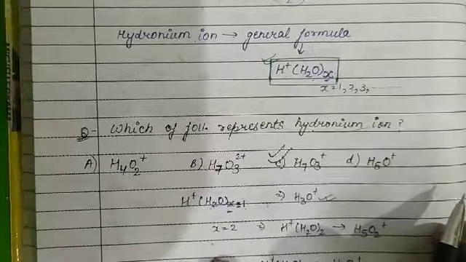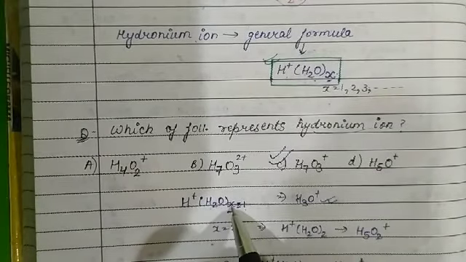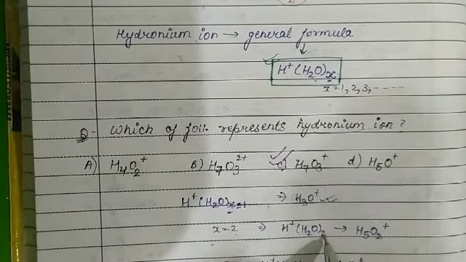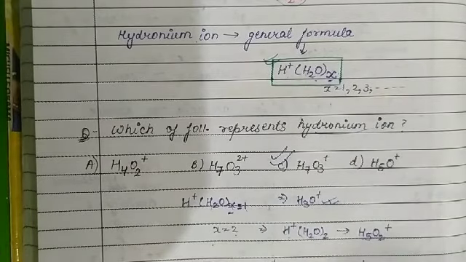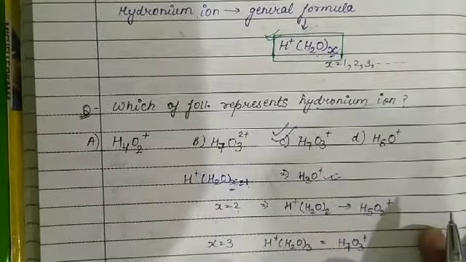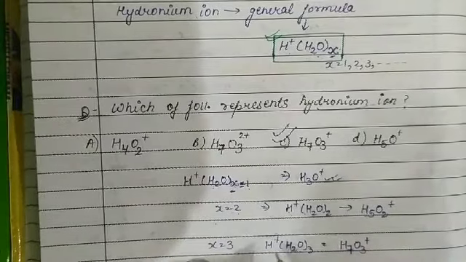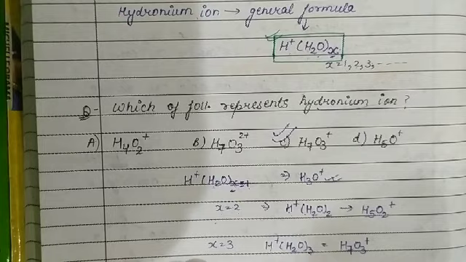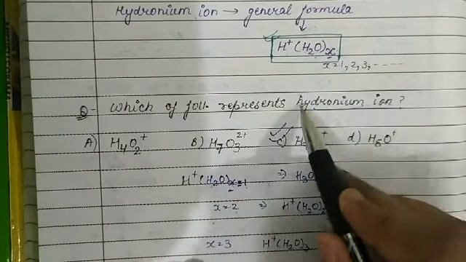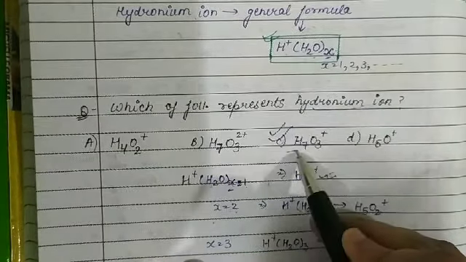So it is H5O2 plus. Now put X equal to 3. Then it is H plus H2O thrice. So it is H7O3 positive. So the correct option for hydronium ion is option C.